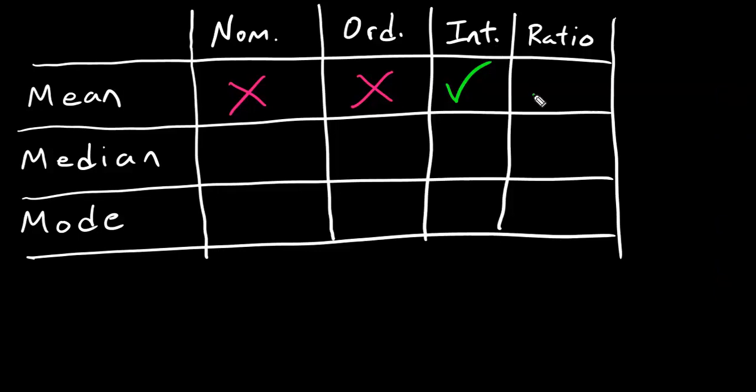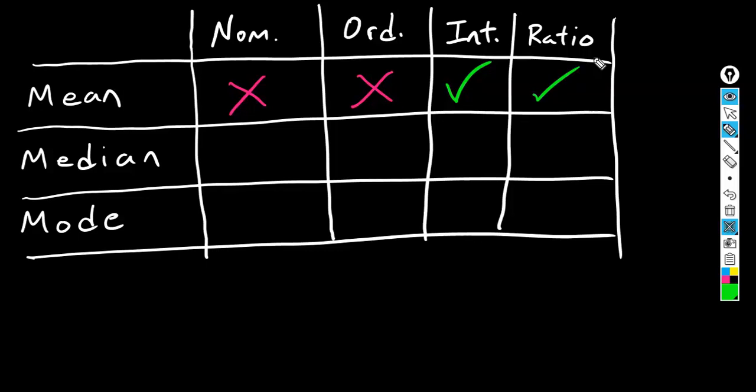And if we can do it with interval, we can also do it with ratio, because ratio is just higher quality data. So if we've got quantitative data, interval or ratio scale, then we can use whichever mean we want to calculate that measure of central location.